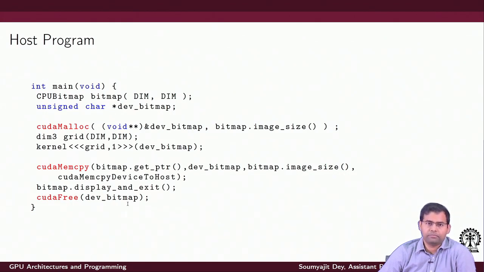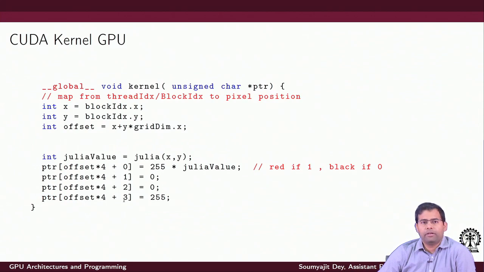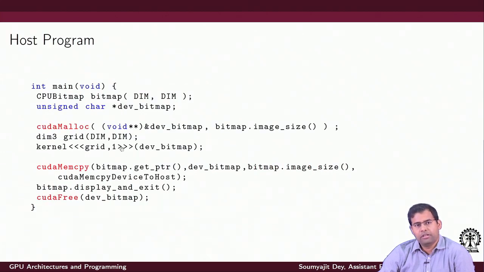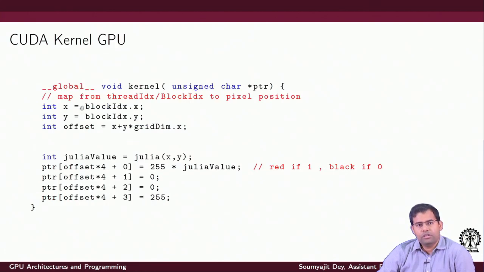Coming back here, we have this CUDA kernel, for which I have provided 1 thread per block, and the number of blocks we have defined is dimension squared. So using the block ID, I get a direct map to the pixel.